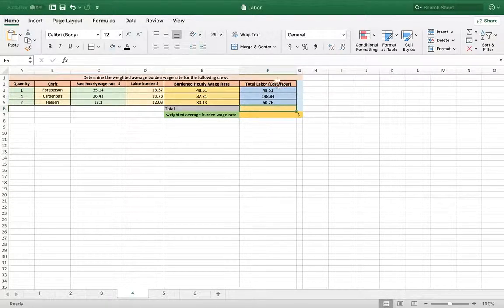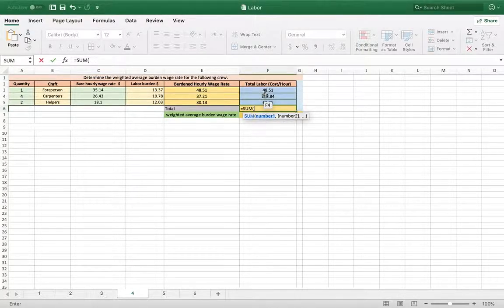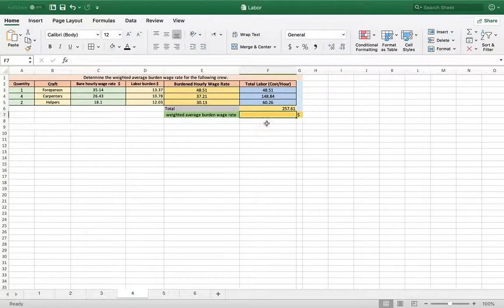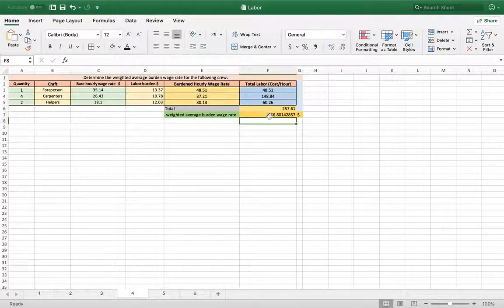So we need the total of all of the quantities. So to find the weighted average burden is equal the total divided by the total of quantity. So 1 plus 4 is 5 plus 2 is 7. So we're gonna divide it by 7 to get the weighted average burden wage rate. So it's $36.8.